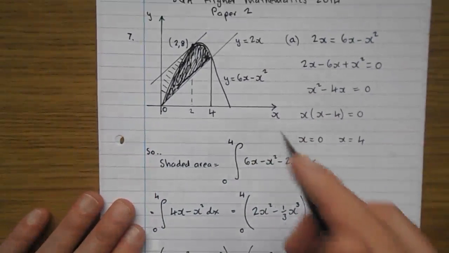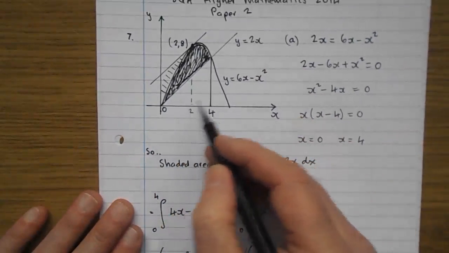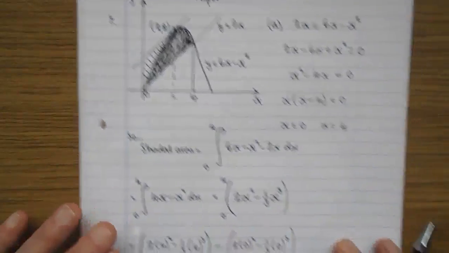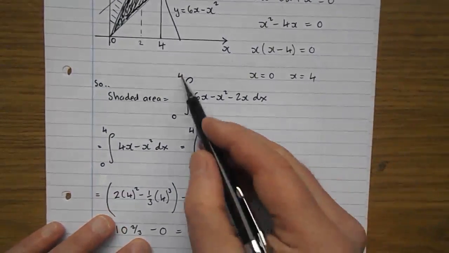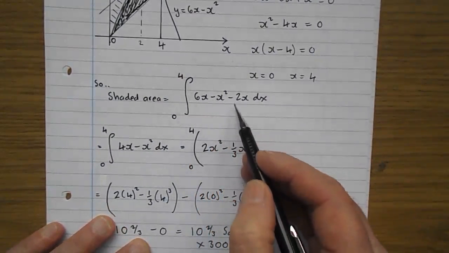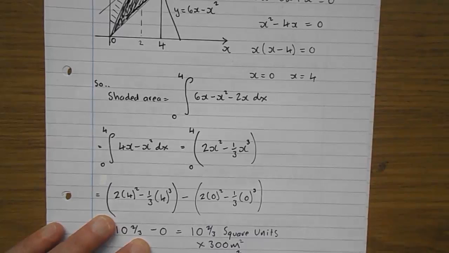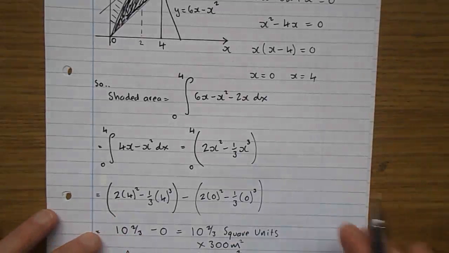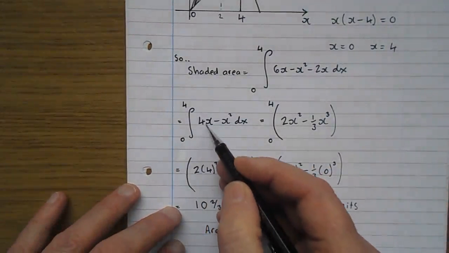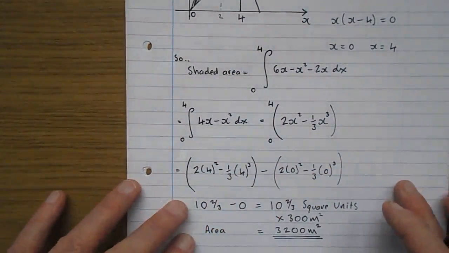So we now need to get the integral between 4 and 0 of parabola take away line. So here we have it: 4 to 0 of the parabola, y equals 6x take x squared, take away the line, y equals 2x. And there we have it. So we integrate between 4 and 0 4x take x squared.